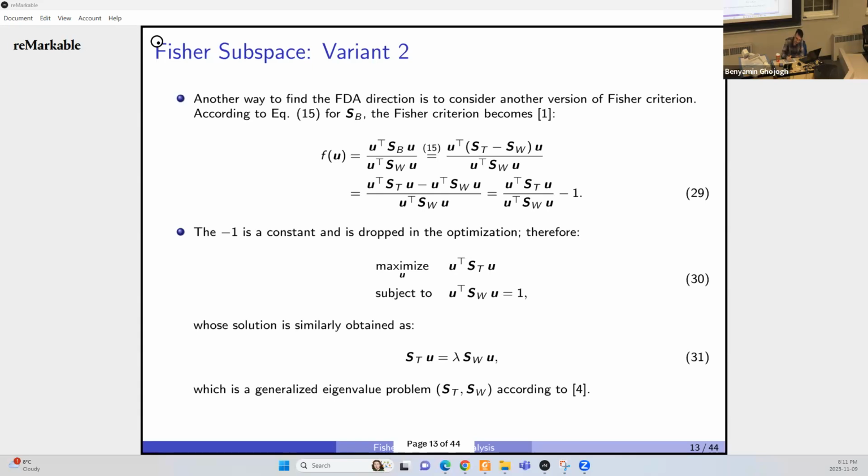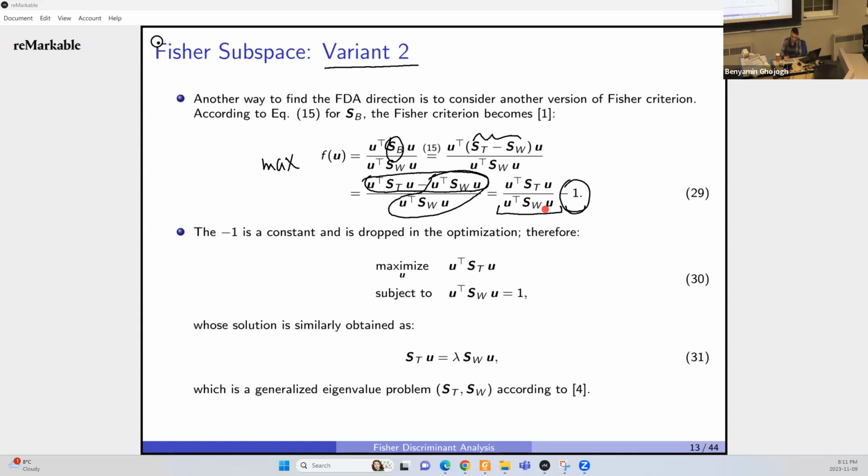Do you remember variant 2 that I talked about? We have ST, the total scatter. So I can replace SB by ST minus SW. Now I can break down this numerator, so I can split this fraction into two fractions. And interestingly, this fraction is 1, so it becomes this minus 1. Then I need to maximize this; the constant goes away.